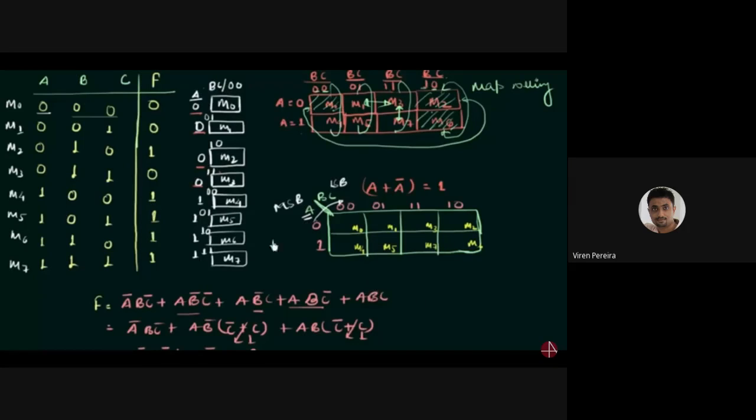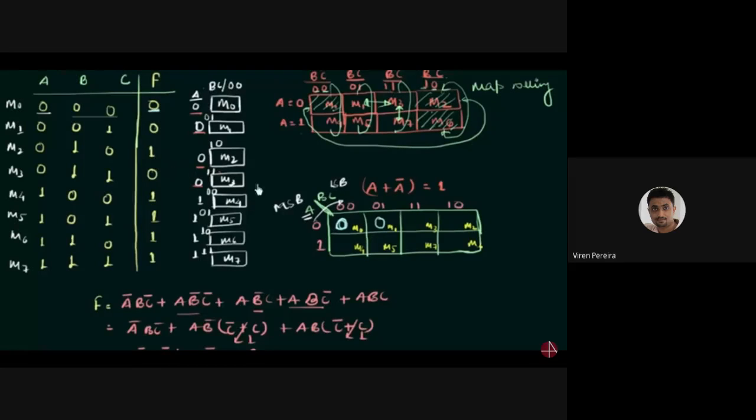Okay, so let's fill it. Let me change the color first. M0 is 0, so you will fill 0 here, or generally it is kept unfilled. M1 is again 0, so 0 here.